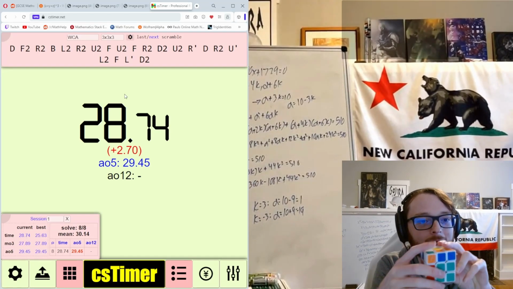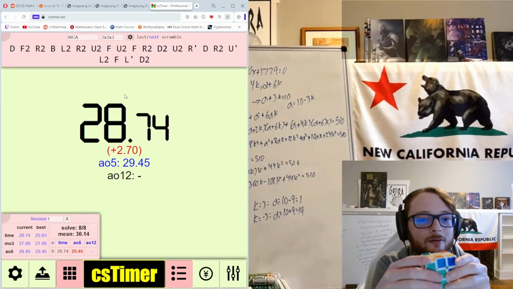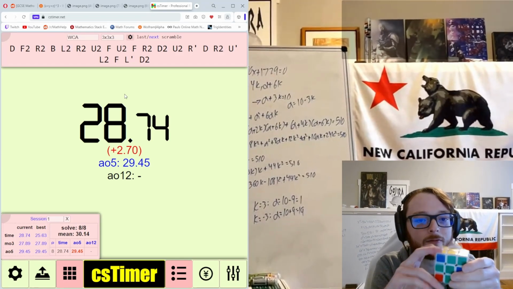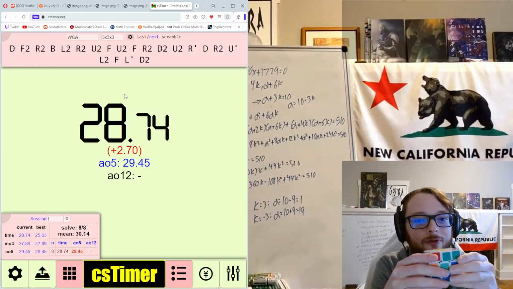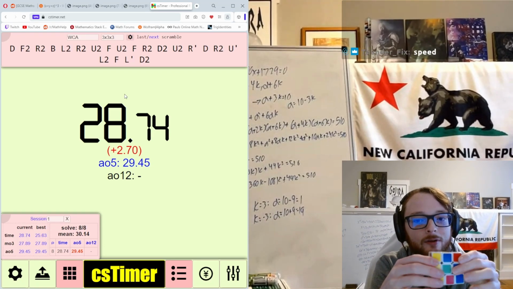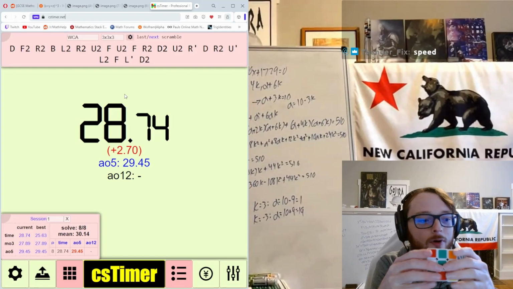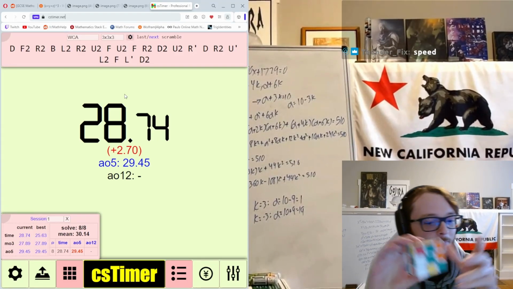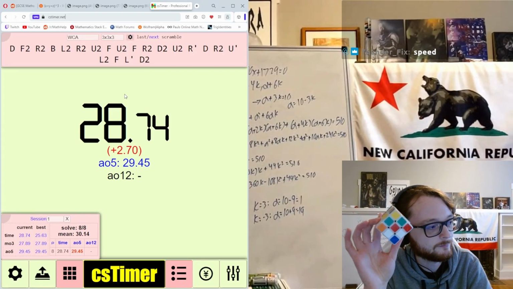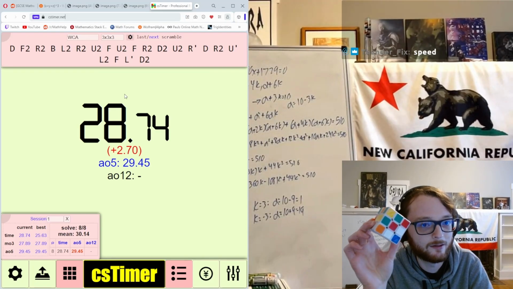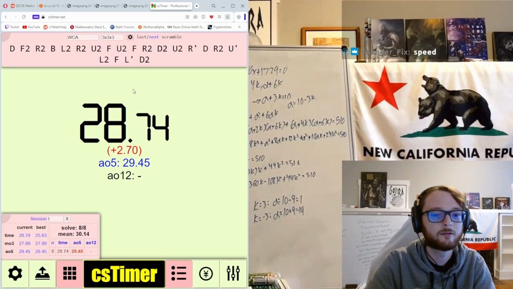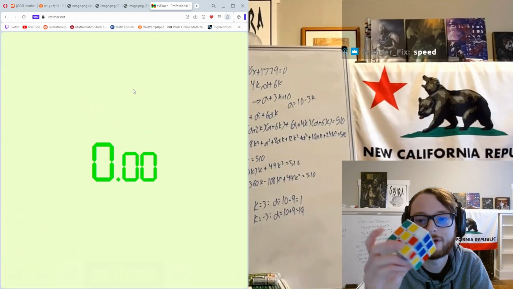Back is like that. R2, D2, R2, D2, U, R prime, D, R2, U prime, L2, F, L prime, D2. Okay, scrambled. Click in, inspection time.